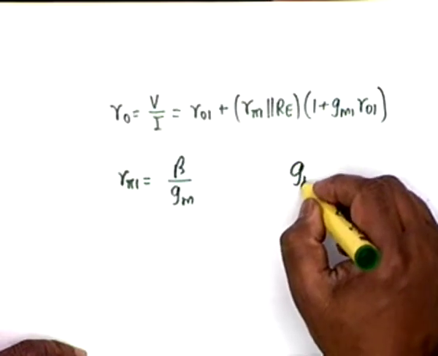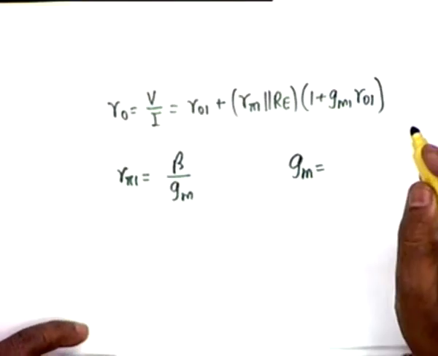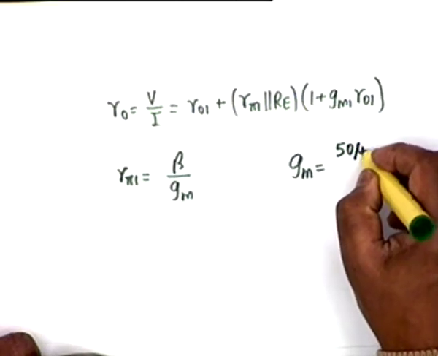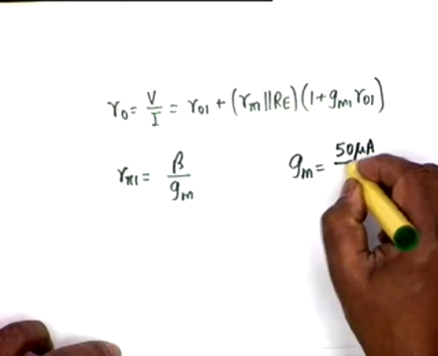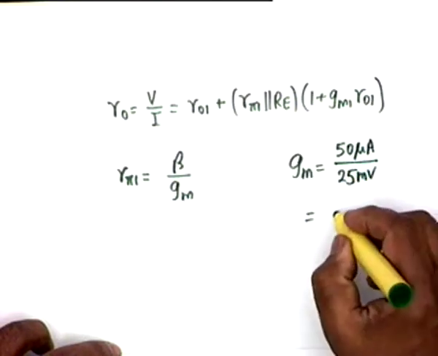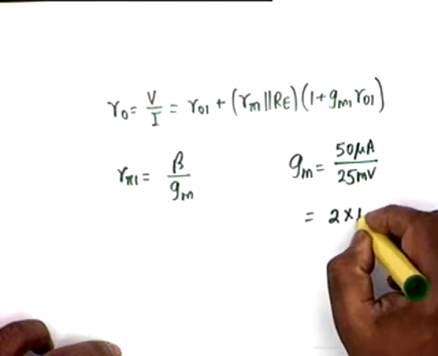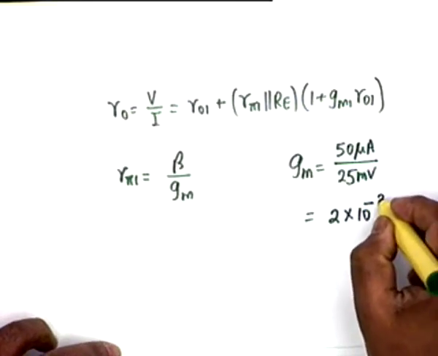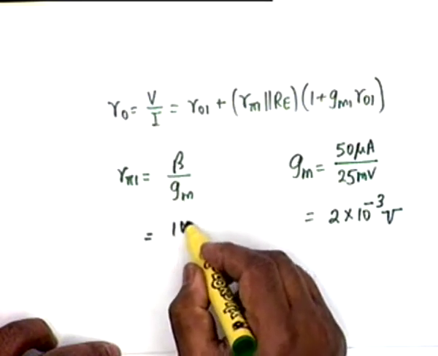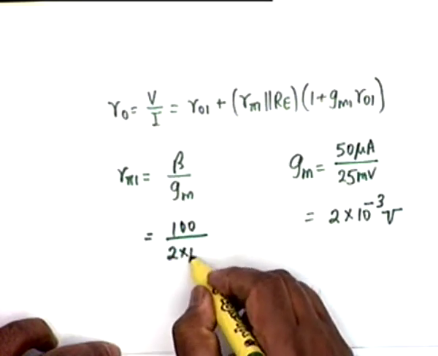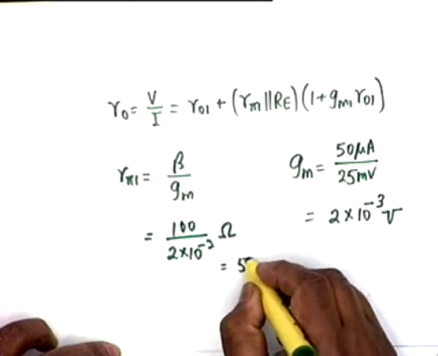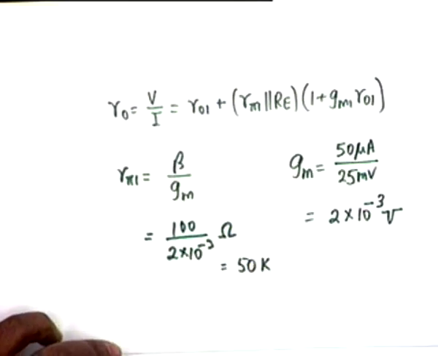What is GM? IC1 was assumed as 50 microampere divided by, let's say, 25 millivolt. This becomes 2 times 10 to the minus 3 mho. So beta is 100 divided by 2 times 10 to the minus 3, that is equal to 50 K. Agreed?